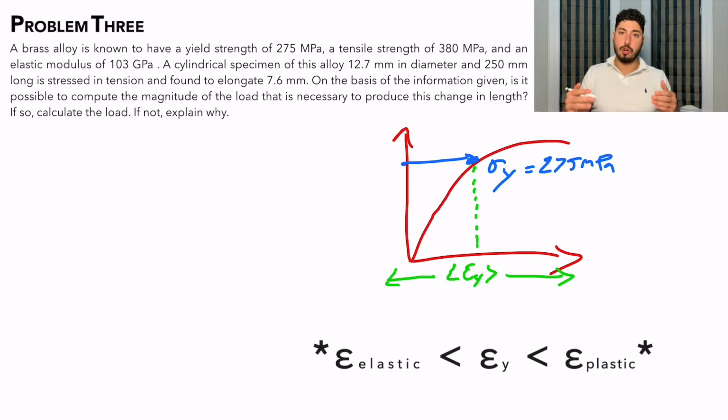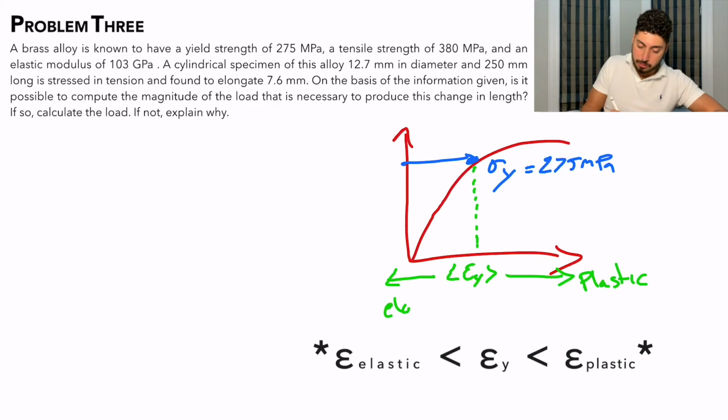So in order to solve for the magnitude of the force which is applied, we need to be in the linear elastic region so that we can use Hooke's law to convert between stress and strain and therefore calculate the magnitude of the load. However, if we are past the point of yielding into the plastic deformation area, then we do not have enough information to calculate our initial force.